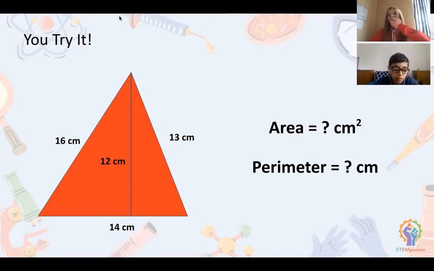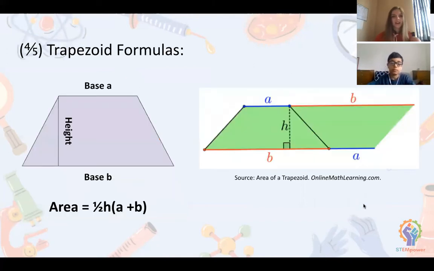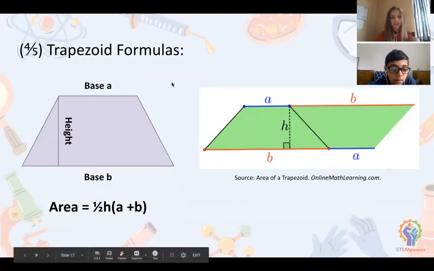Let's see. 224, and then we divide this, so 112? Yeah, perfect. And then what would be the perimeter? The perimeter would be, let's see, 30. Yeah, perfect.